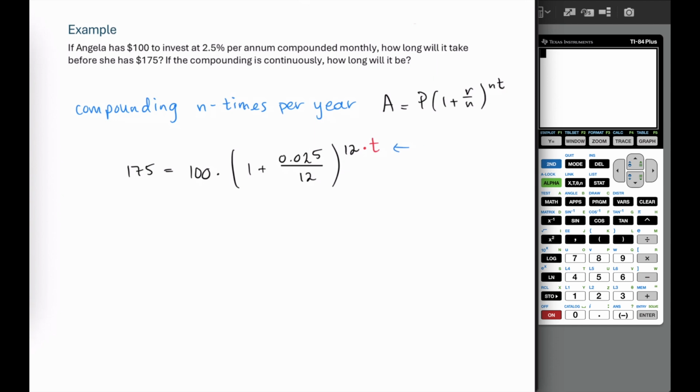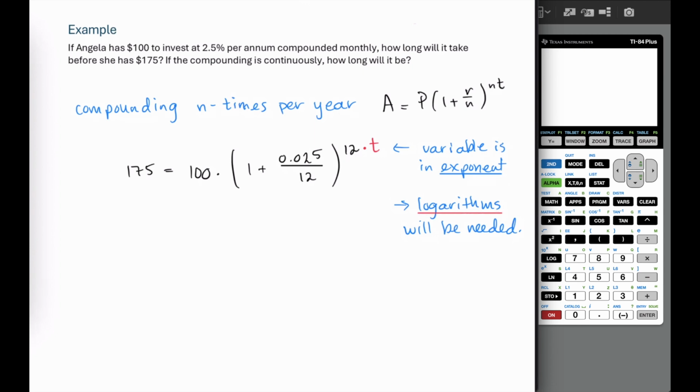So the variable we're trying to solve for is in the exponent position. And when the variable is in the exponent, that means that most likely logarithms are going to come into play. Logarithms and their properties are what enable me to access something that's in the exponent position. So if logarithms are in our future, it benefits us to simplify this equation as much as possible before we bring logarithms in.